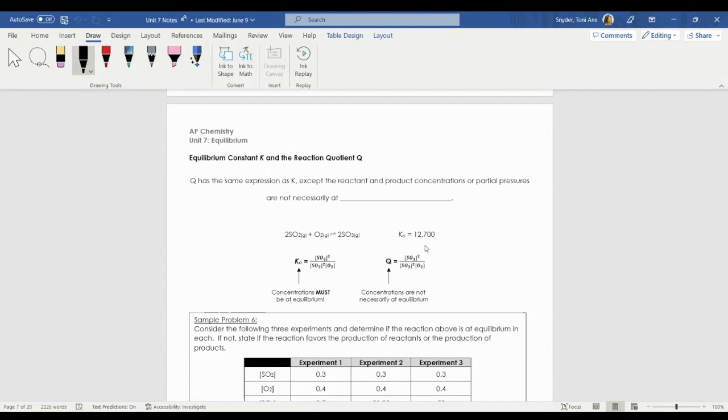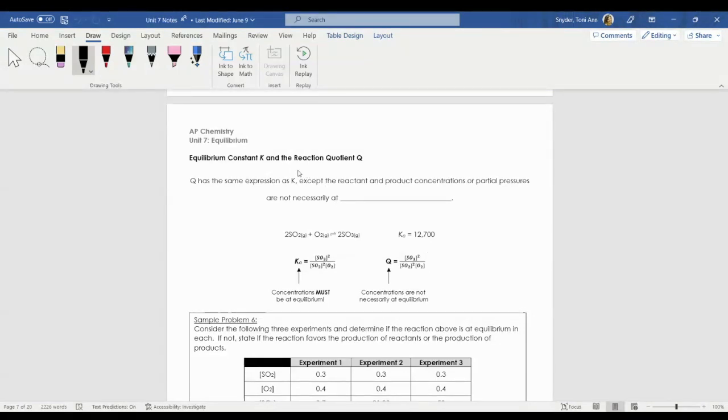And we can compare mathematically, do we have a reaction that's at equilibrium? If I'm given a bunch of concentration conditions, am I at equilibrium? Is that particular equilibrium constant equal to what I'm supposed to get?